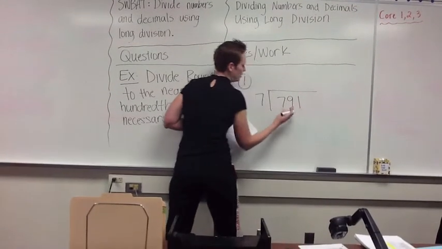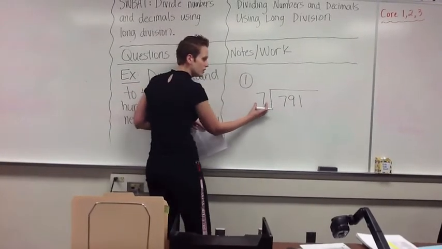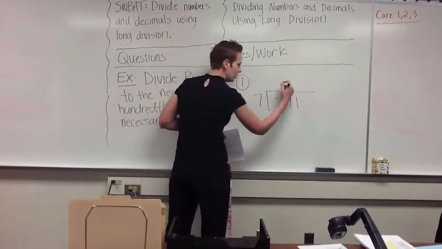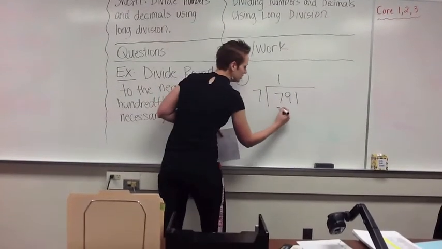791 divided by 7. Now, the first thing you're going to do is 7 goes into 7 once. 1 times 7 is 7.